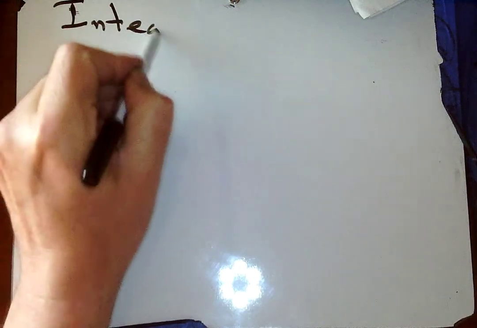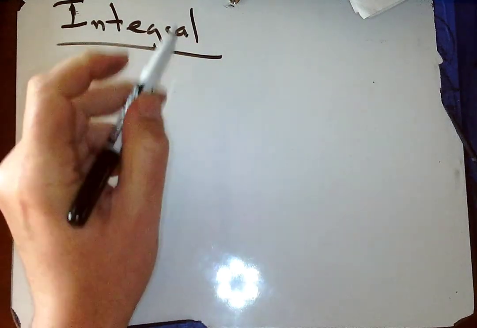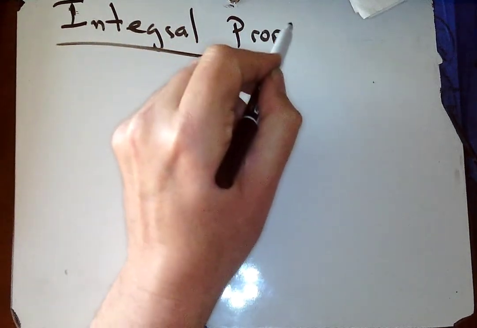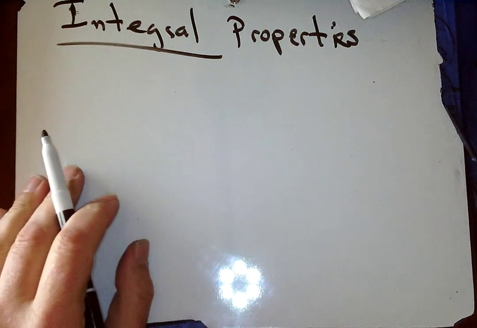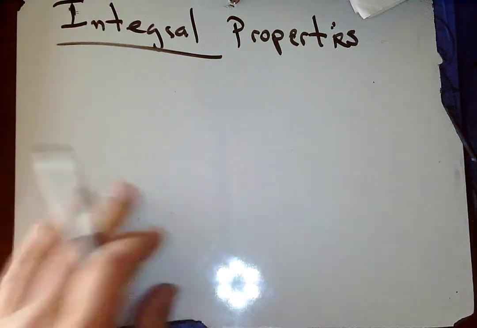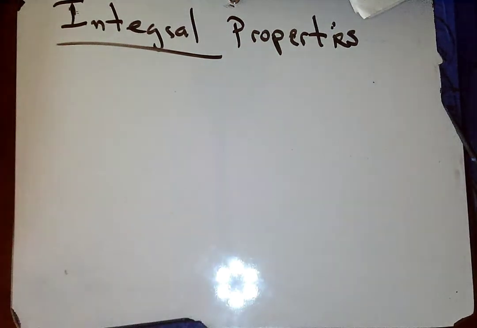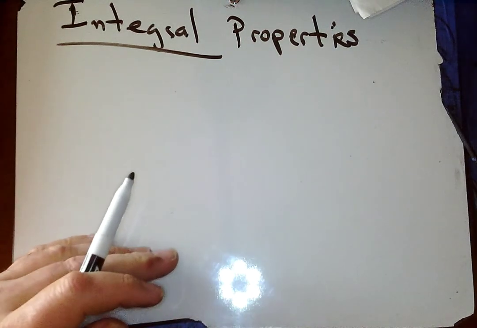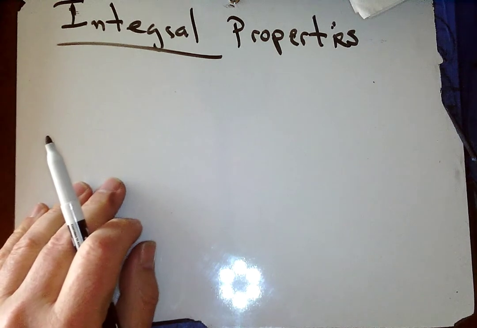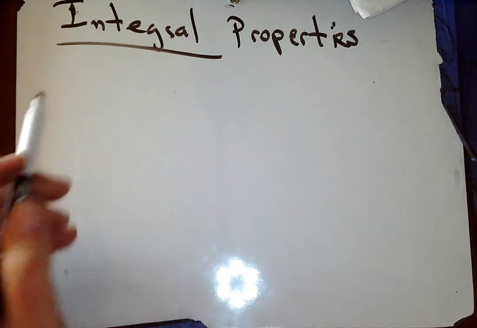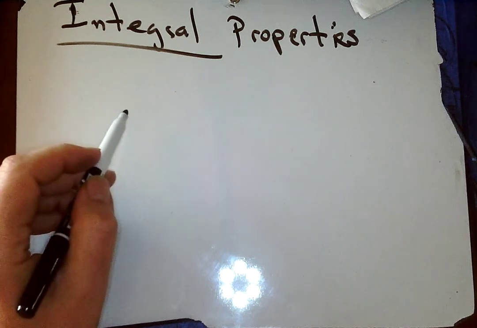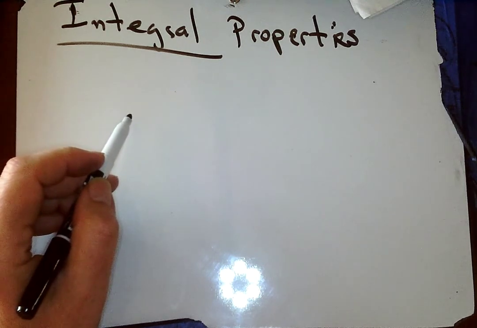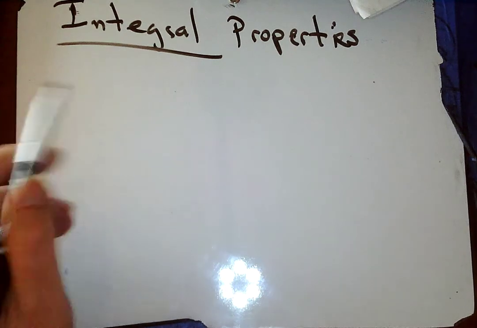I want to do a quick review of integral properties, and I say quick because most of you are going to ignore these. Just like when you were in middle school, you ignored the commutative property of multiplication, and then it turned out, oh my goodness, I always get the problem wrong when I don't use it.